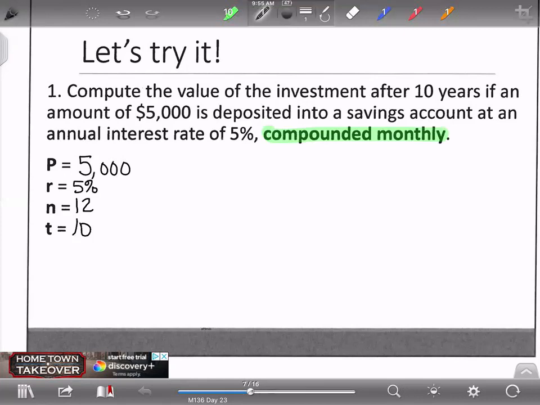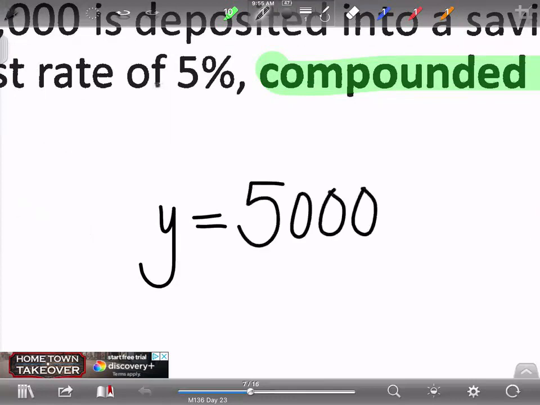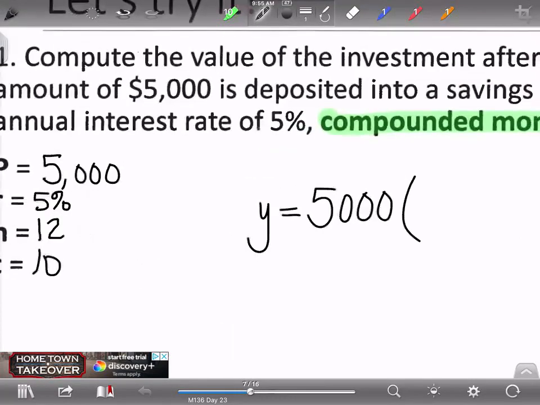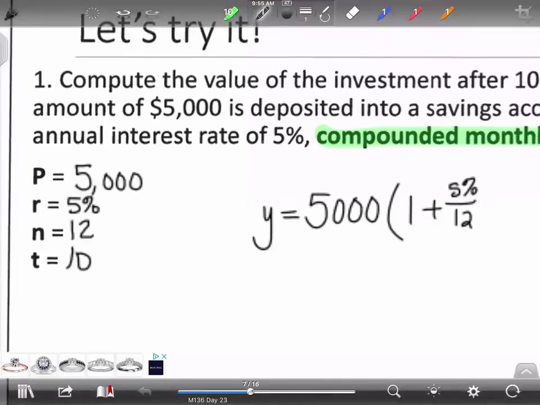So now we're going to go back to that equation. Our amount, or our Y value, is going to be equal to the principal, P, 5,000, parenthesis 1 plus. In our formula, we need R divided by N. So we're going to take 5% divided by 12, close our parenthesis, and then we need N times T. You have two options.